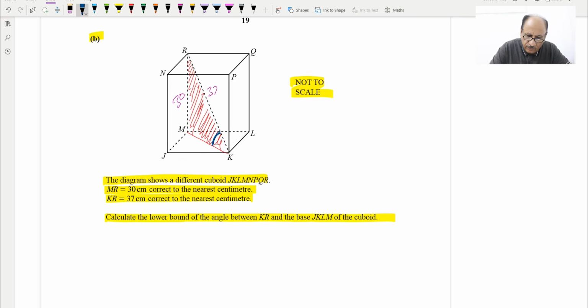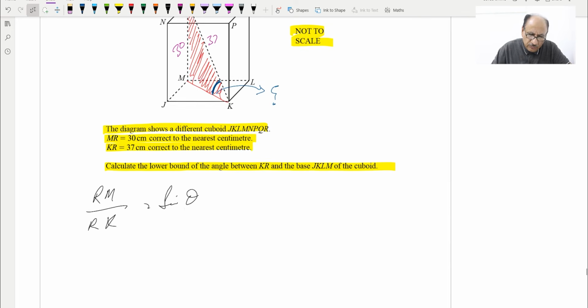First we can say opposite over hypotenuse, so RM over RK is equal to sine theta. We'll take the lower bound of RM, which they are saying is 30, so we'll take 29.5, and the upper bound of 37, which will be 37.5, equal to sine theta.